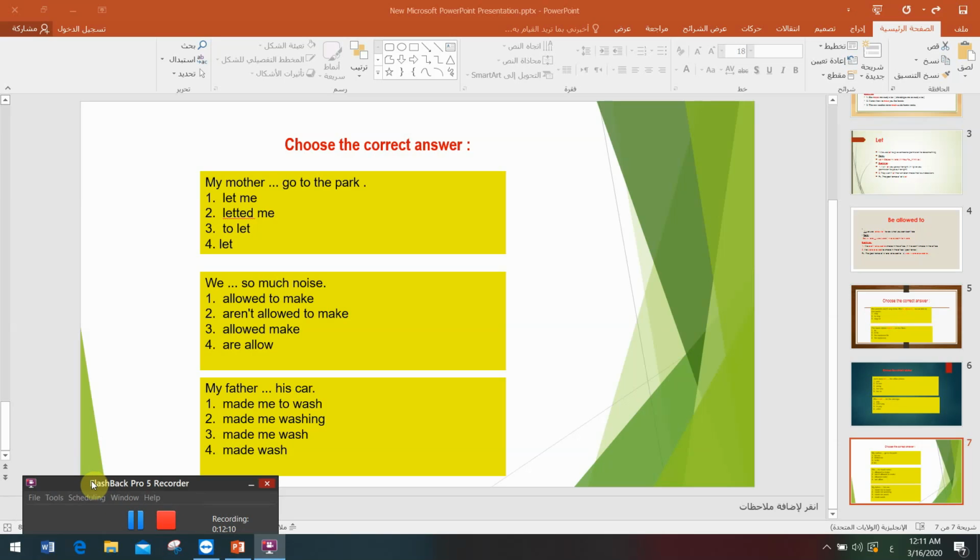So we can't say made me to wash. We can't say made me washing because we can't use the ing structure. We can't say made wash because there is no object. So the correct answer is number 3, made me wash, because we use make followed by the object, me, plus the verb wash without to.